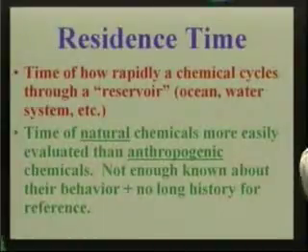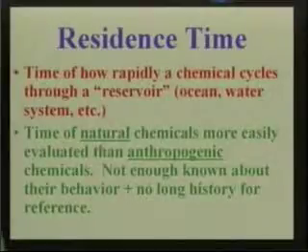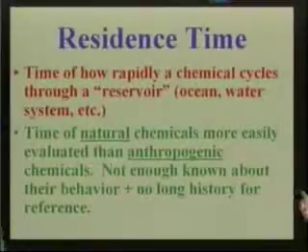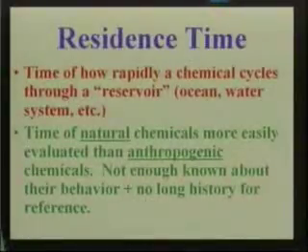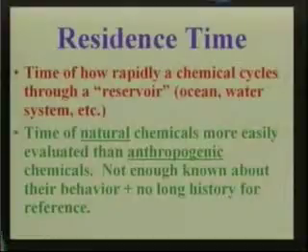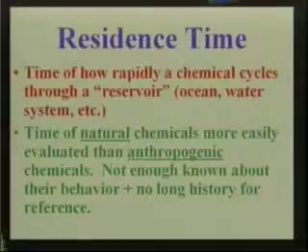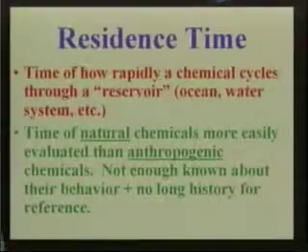One feature we have to look at and understand has to do with these chemicals, particularly those that get into these groundwater systems, something called residence time. Okay, residence time. Now we can define it a little bit. It's the time of how rapidly a chemical cycles through a reservoir.